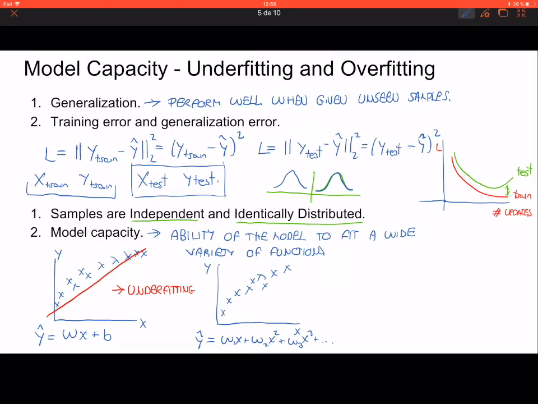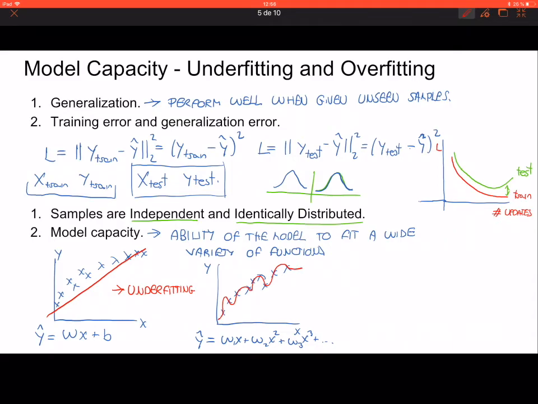We could have a very complex model, and if we train that model, we'll get a curve that looks maybe something like this. So it will basically memorize all the samples, but it won't generalize to unseen data.